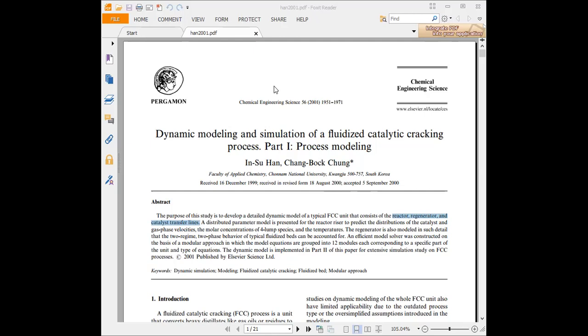So the fluid catalytic cracking or fluidized catalytic cracking process is used in numerous applications. Okay, so you know about fluidized bed behavior. It is a multi-phase flow system, right? So creating models for such non-linear systems.